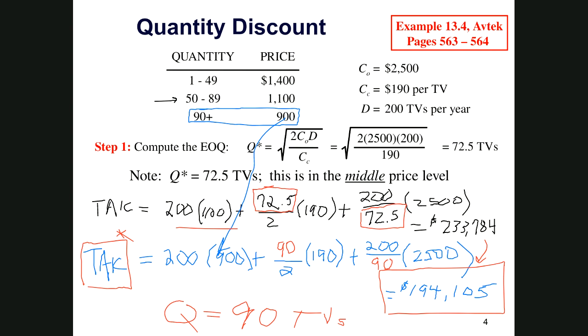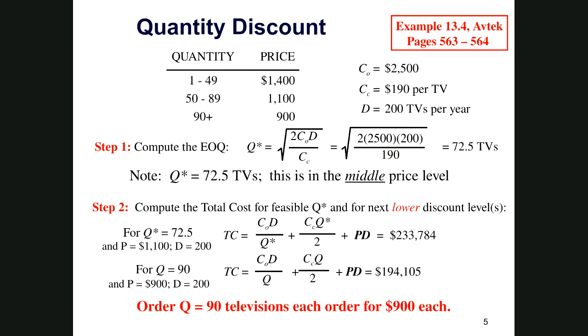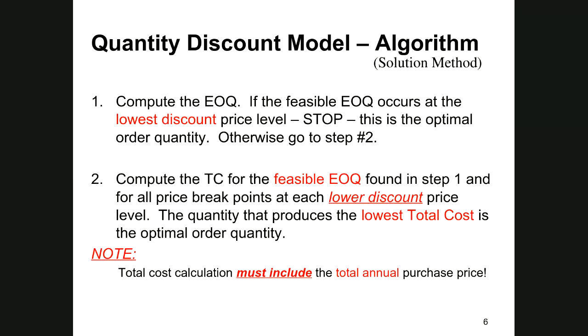Now the next slide, this is my crummy computer handwriting. The next slide has all of this information here given, and of course our order quantity is 90 televisions at $900 each. And then the last slide summarizes that algorithm. For this situation, we're going to compute the economic order quantity using our EOQ formula.